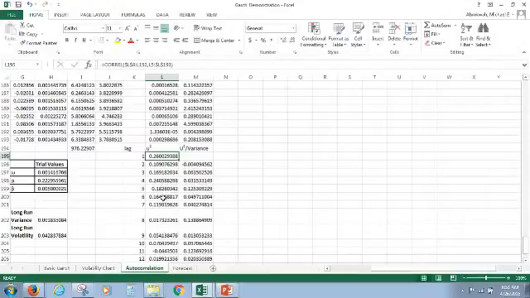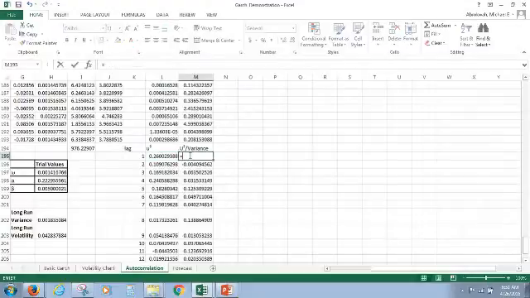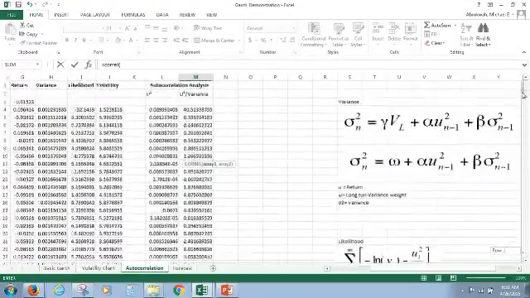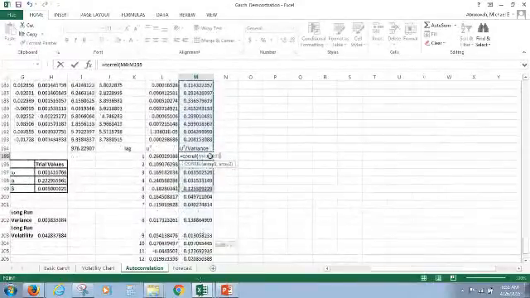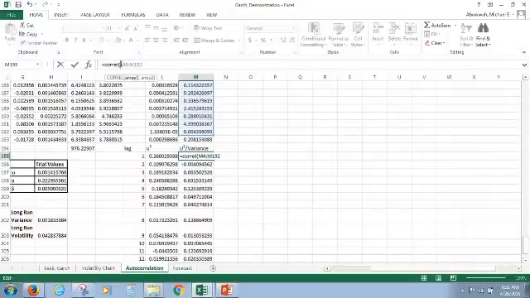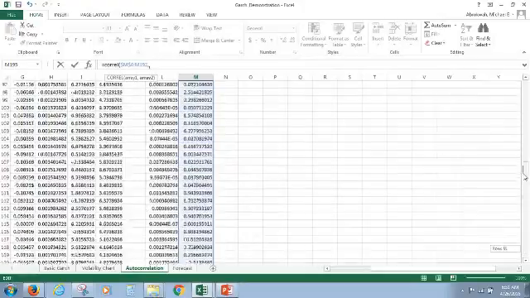So I'm going to do the same calculation for the squared return divided by variance. Again, I'm going to highlight the first value, and I'm going to go from the second value all the way to the last.